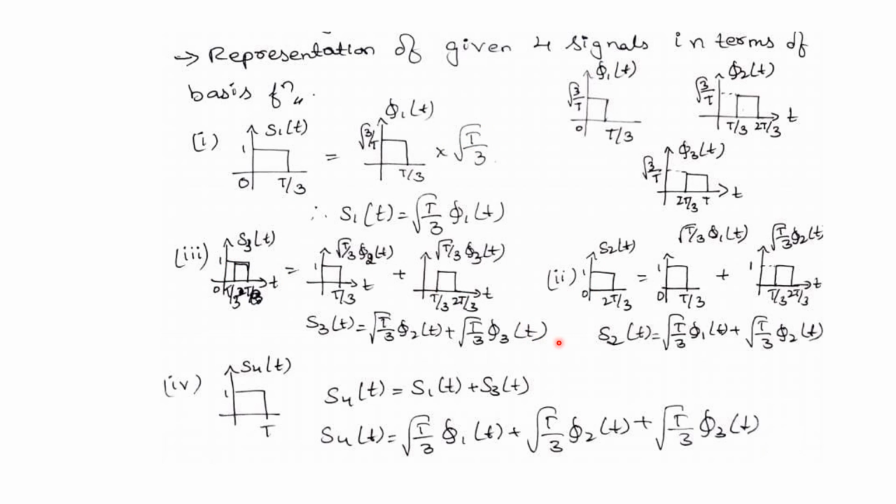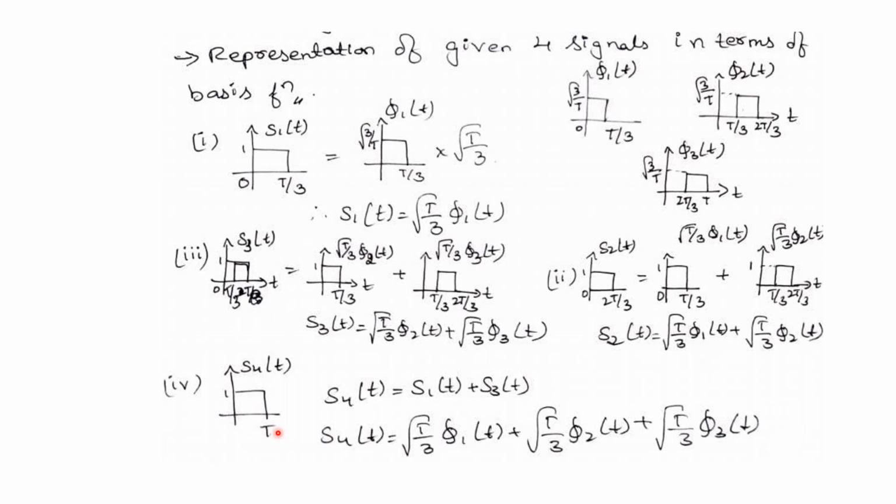Going to the second signal, S2 of t is equal to root t by 3 into phi 1 of t plus root t by 3 into phi 2 of t. This is the signal form. By considering the third signal, S3 of t is equal to root t by 3 into phi 2 of t plus root t by 3 into phi 3 of t.